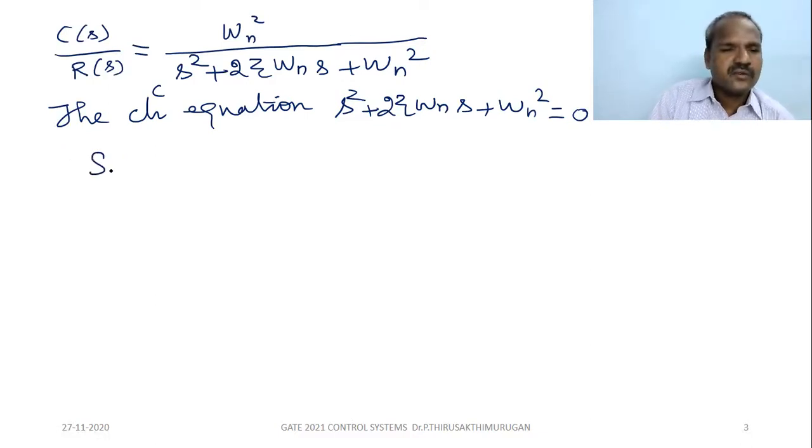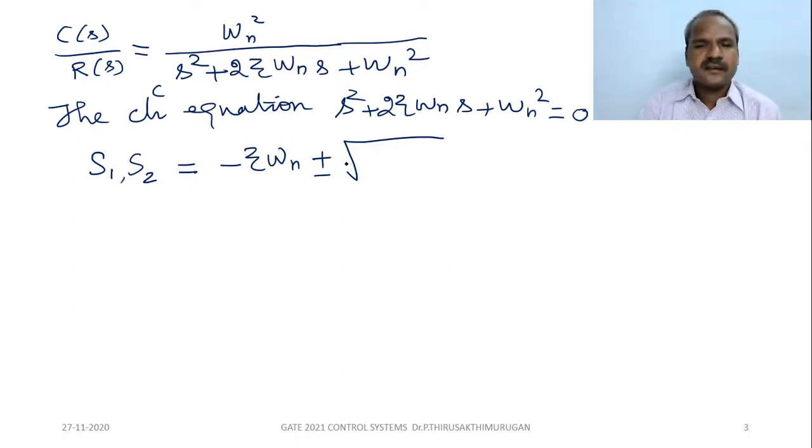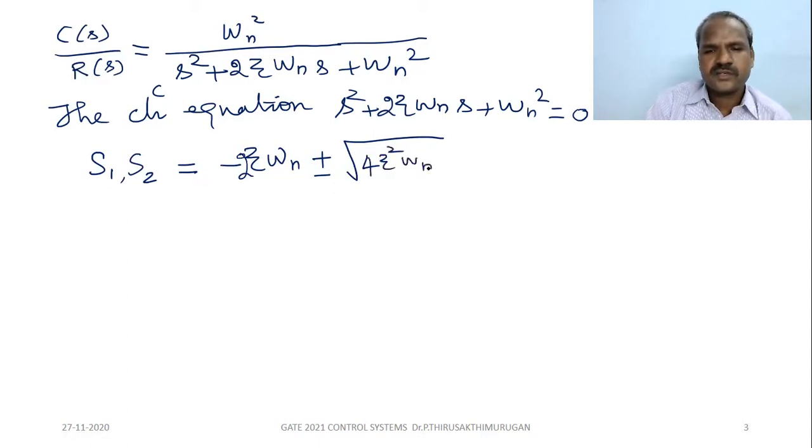The roots S1 and S2 are equal to minus b plus or minus square root of b square minus 4ac, divided by 2a. Here b is 2 zeta omega n, so b square is 4 zeta square omega n square.